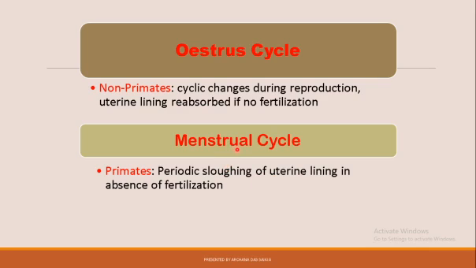The menstrual cycle occurs in a cyclic manner after a certain number of days. Like in humans, after every 28 days a new cycle starts. Within that cycle, fertilization can occur in the female individual. So that is the difference between oestrus cycle and menstrual cycle.